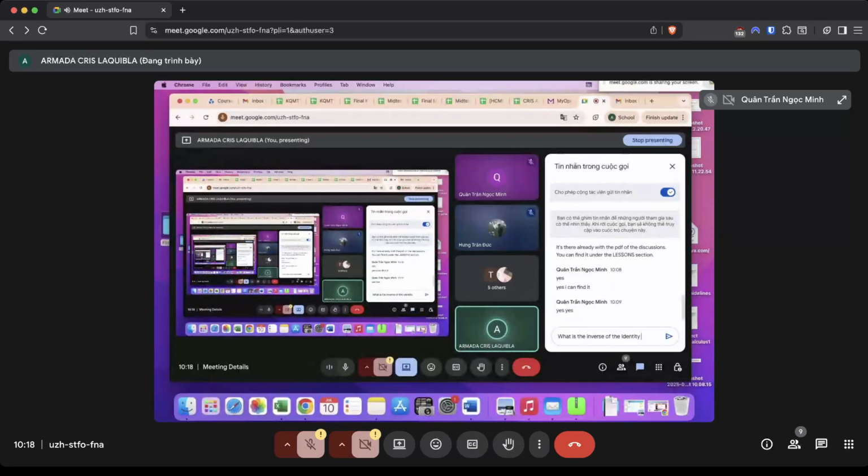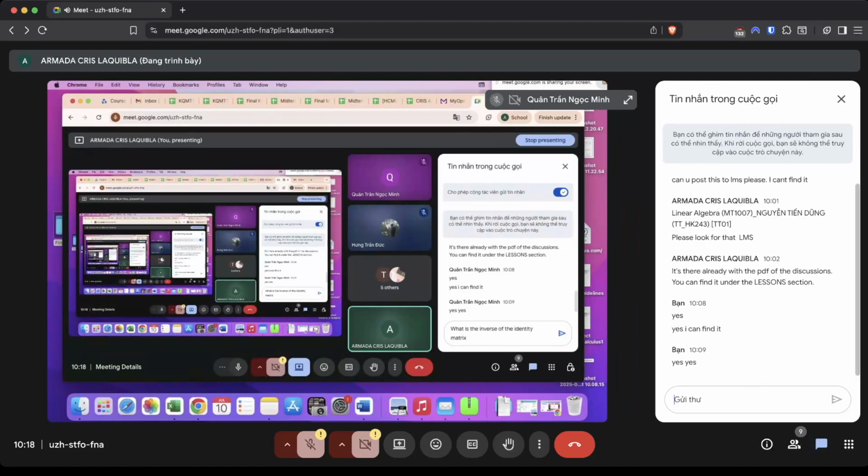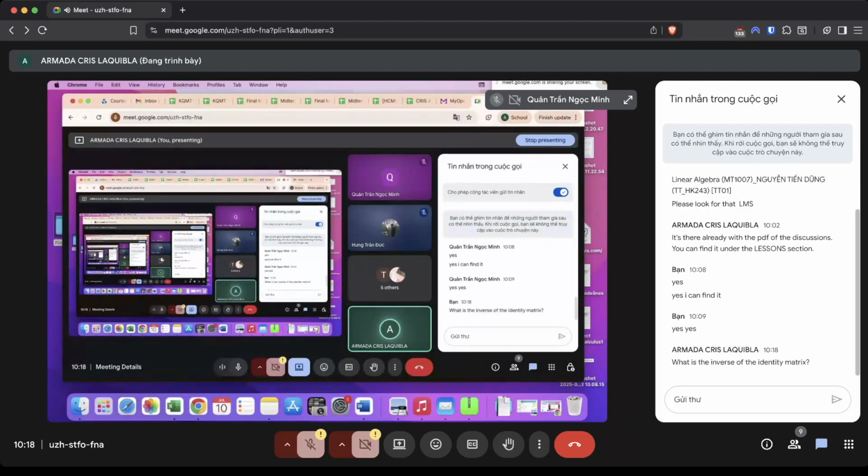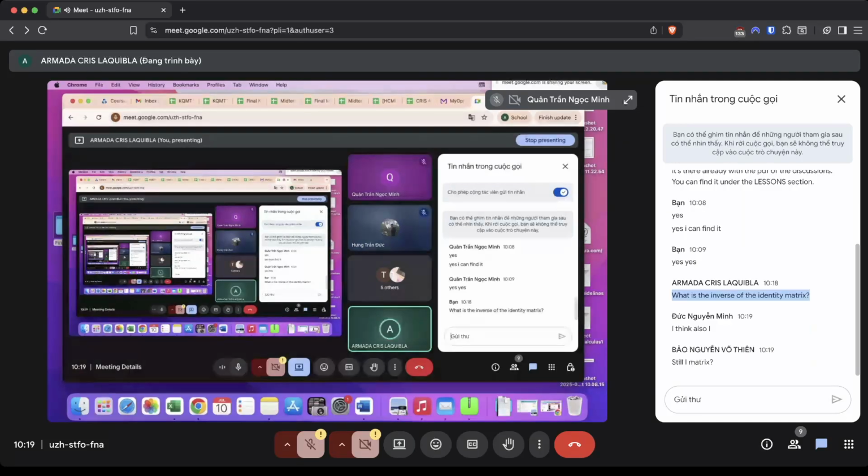Any identity matrix I am referring to. So what's the answer, class? If you cannot answer it, then we will not proceed. I will not discuss the next question. No one can answer. I only need one answer. Now you search it on the internet. It's not fair. You answer it now. What's the inverse of the identity?